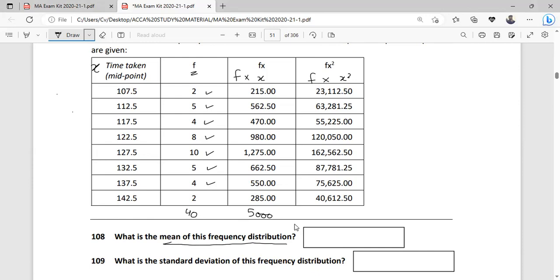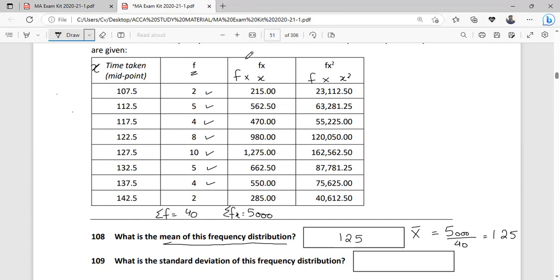So the formula says x bar is equal to sum of fx divided by sum of f, which is 5000 divided by 40. So we have 125 seconds.